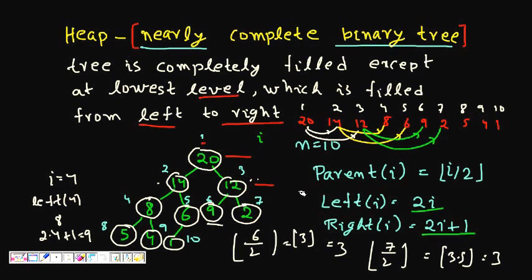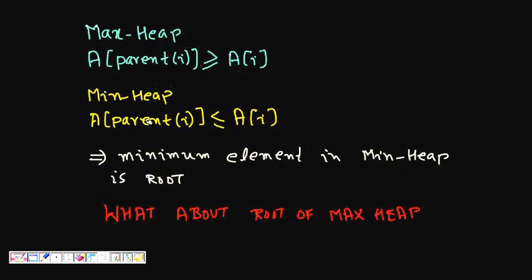Now let's see another property, the max heap property and the min heap property. So what is the max heap property? The max heap property is that the value of the parent of a node is always greater than or equal to the node's value.